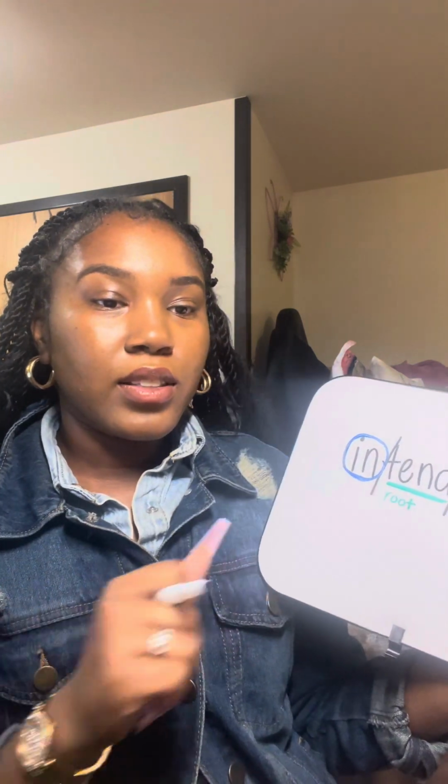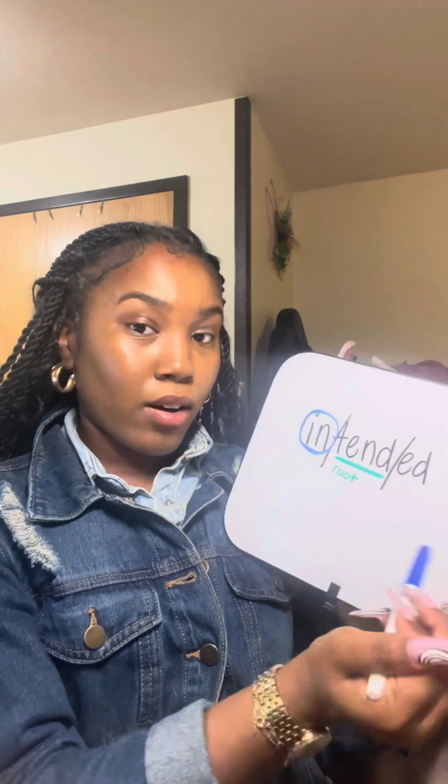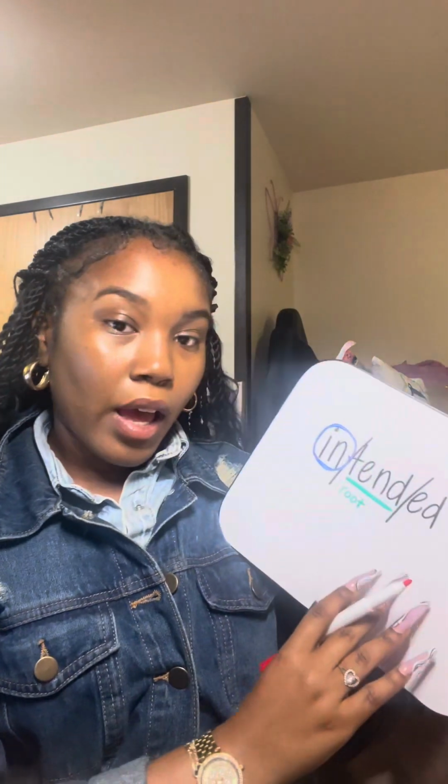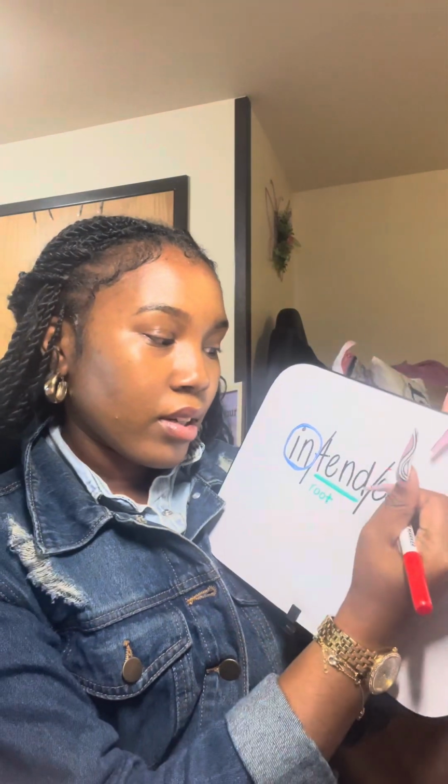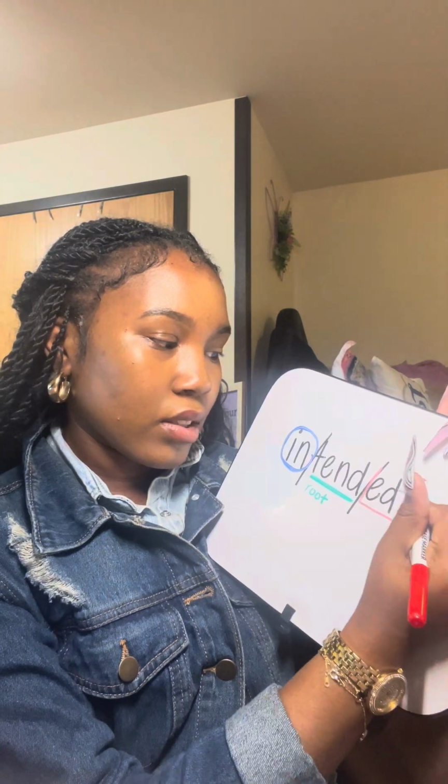Our prefix is in. So now, since we have our root and our prefix, let's do our suffix. So where does the suffix come again? Great, after the root. So we're going to use a red marker, and we're going to put a box around our suffix.